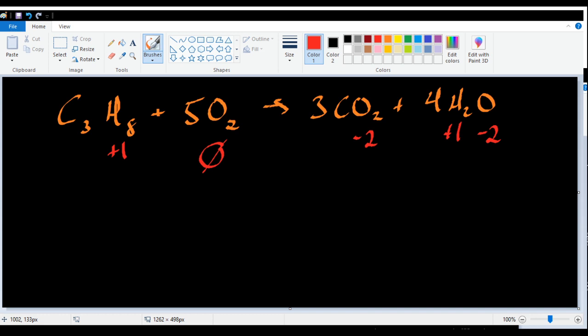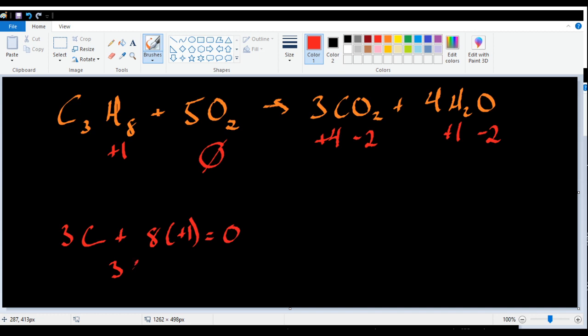All right, so what is carbon? Well, here in carbon dioxide, carbon is positive 4. It is a little bit stranger here in propane. 3 carbons plus 8 hydrogens equals 0.